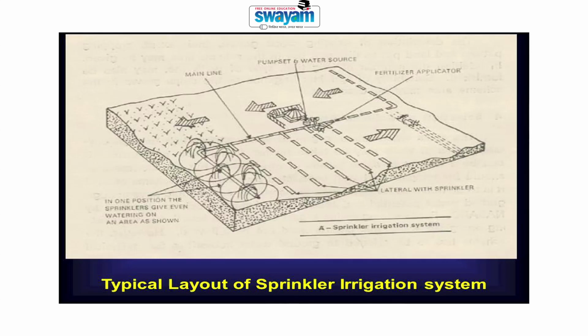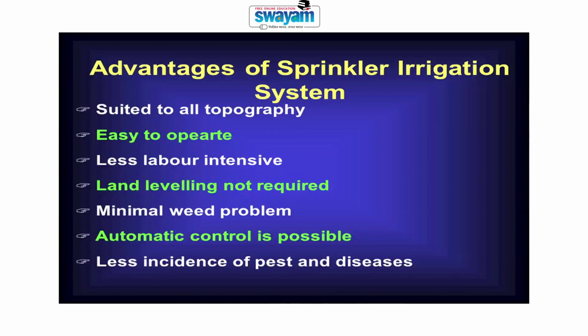If you look at the advantages, the sprinkler irrigation system is suited to all kinds of topography. It is very easy to operate, requires very less labor and very little skill, no need of land leveling, minimal weed problem, automatic control is possible, and there is less incidence of pests and diseases.